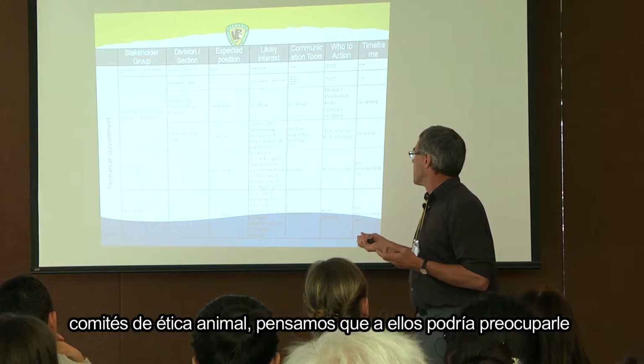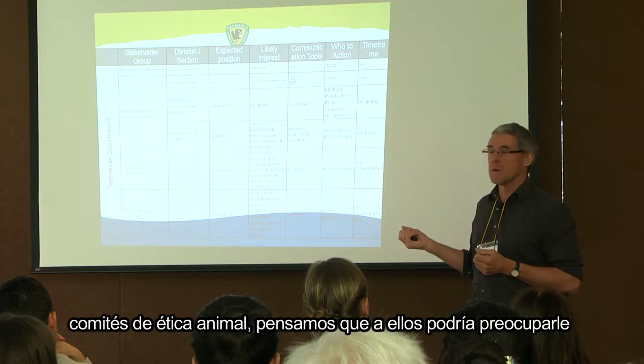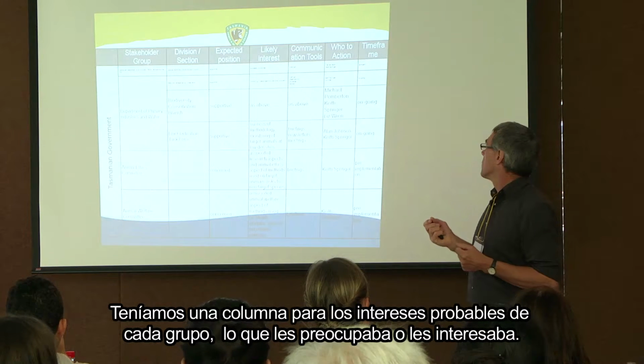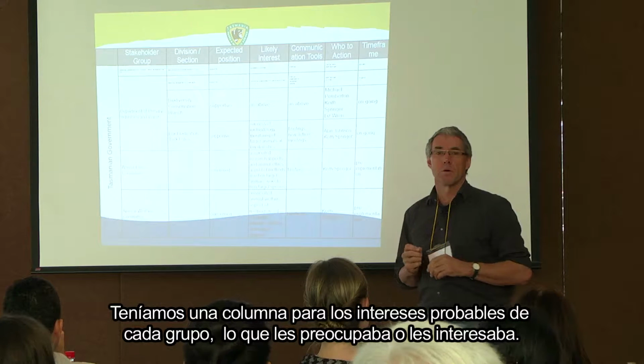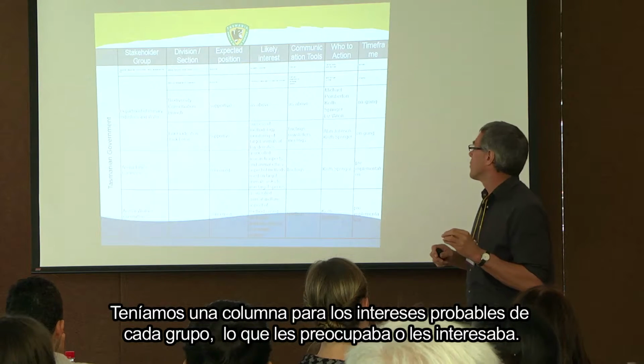For example, some of the animal welfare, animal ethics committees, we thought that they would be concerned. We had a column for the likely interest of each stakeholder group, what it was that they were going to be concerned by or interested by.